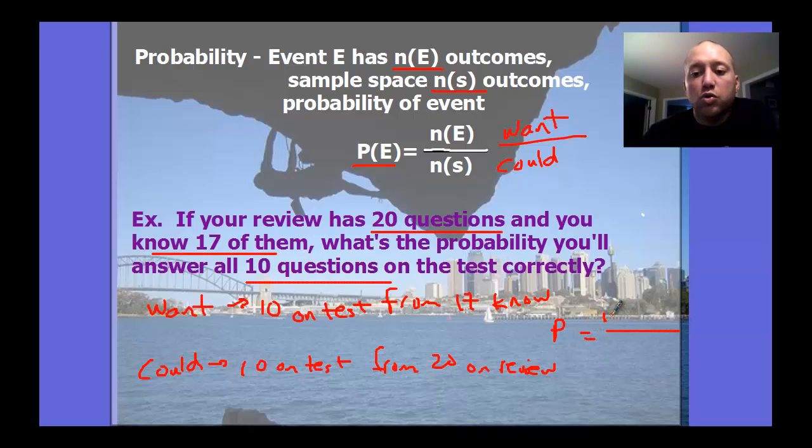So probability of this occurring is going to be what we want. So we're going to choose 10 from the 17. So 17C10. So here's an example where you can use your combinations to count this. You don't care which 10 from the 17, so it'll be 17C10. And then what could happen is 20C10. And so you would divide those.